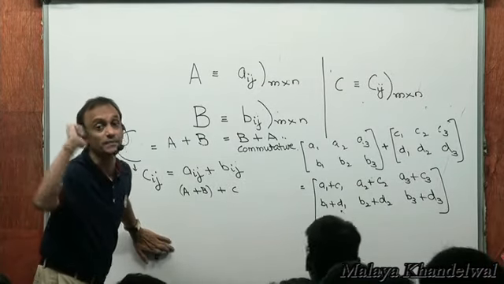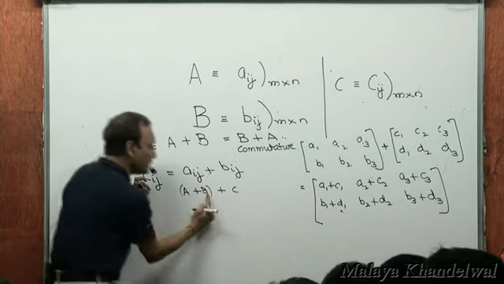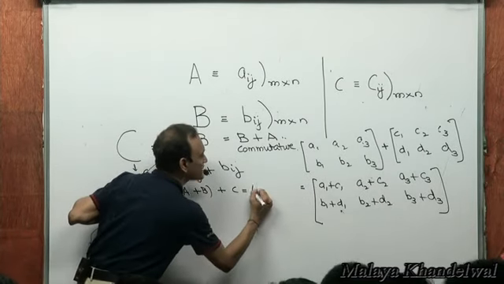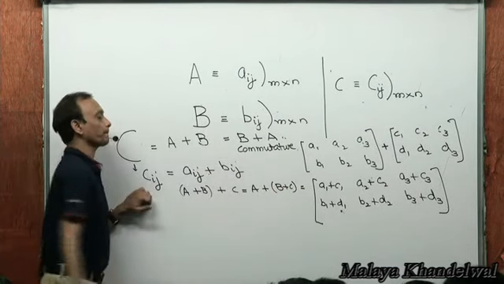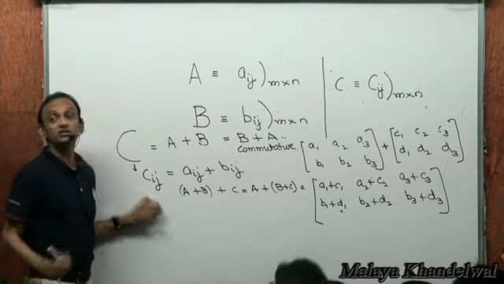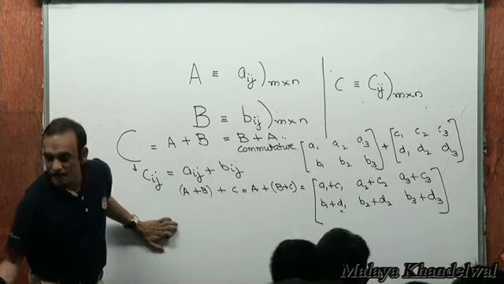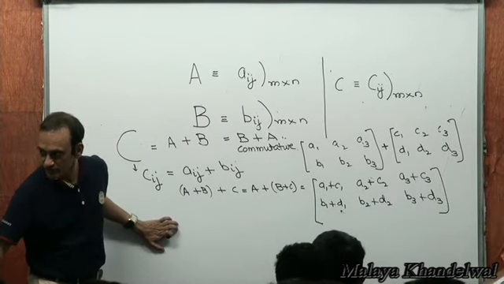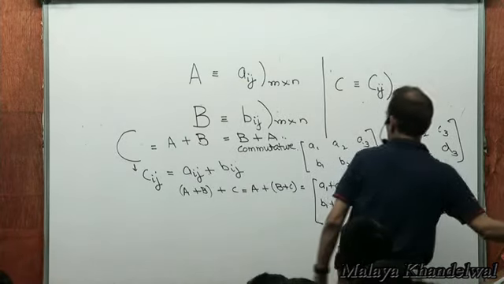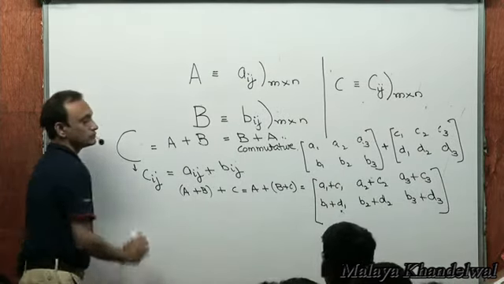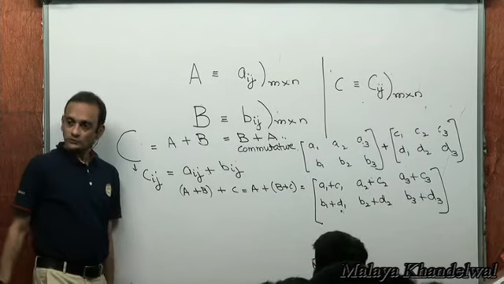They must have the same number of rows and columns. A plus B when added to C is the same as A when added to B plus C. This operation is associative. Yes or no? Clear?